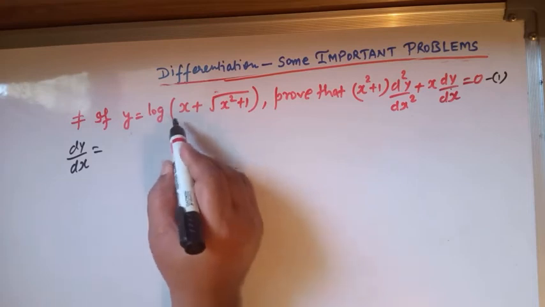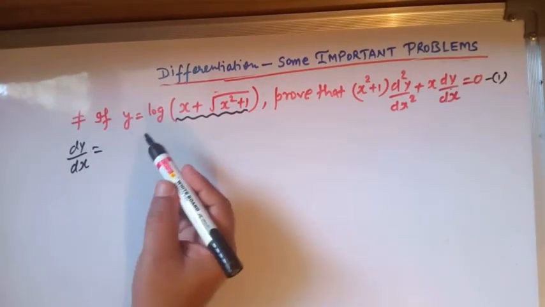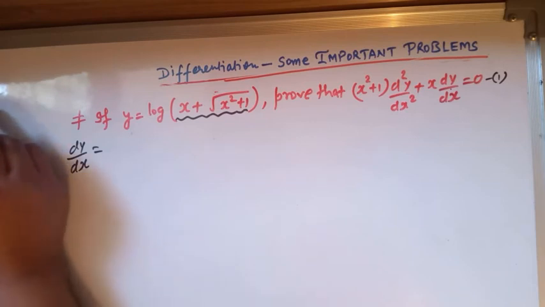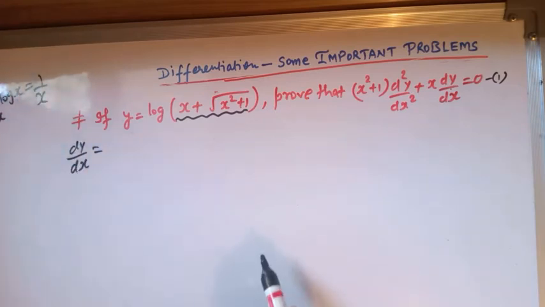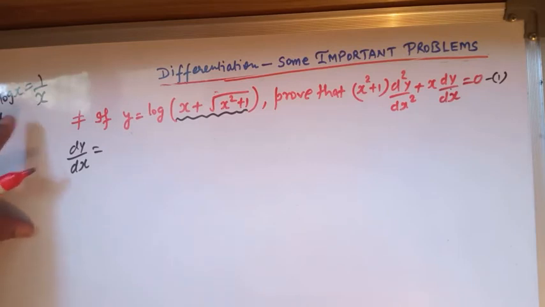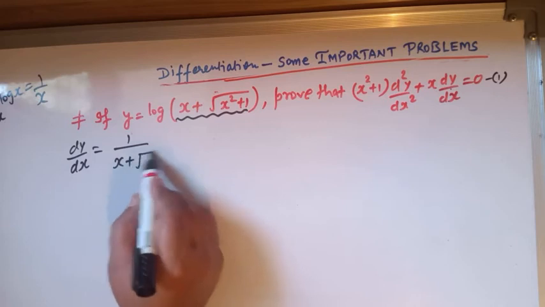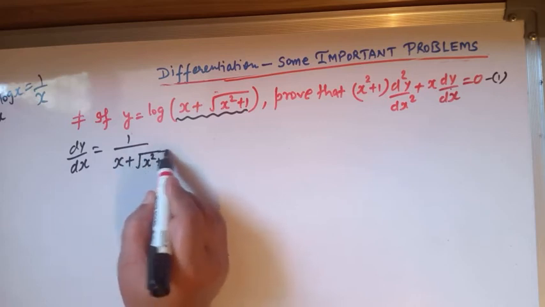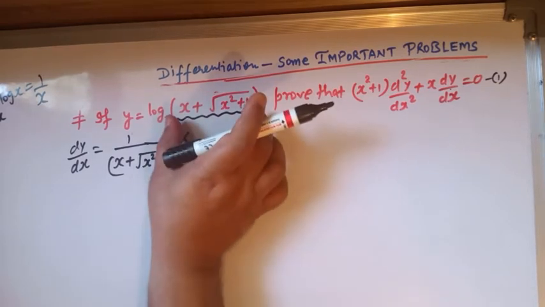So here we have this is say x. So we know that the derivative of log x is 1 over x. Clear? So we'll make use of this formula here. So we have 1 over x plus square root of x square plus 1, and then we will differentiate this function.